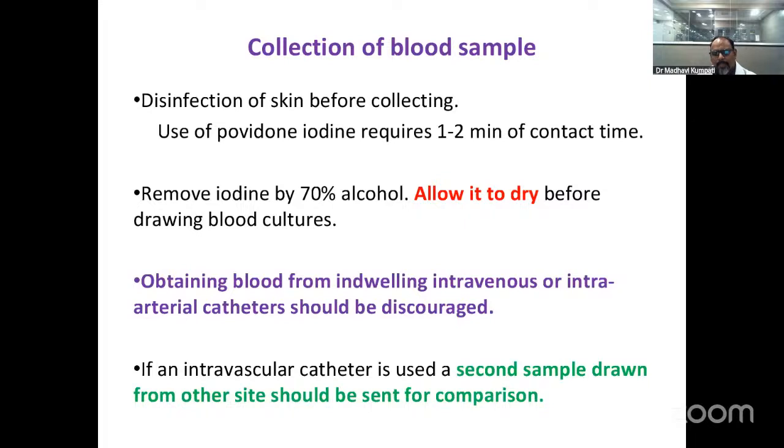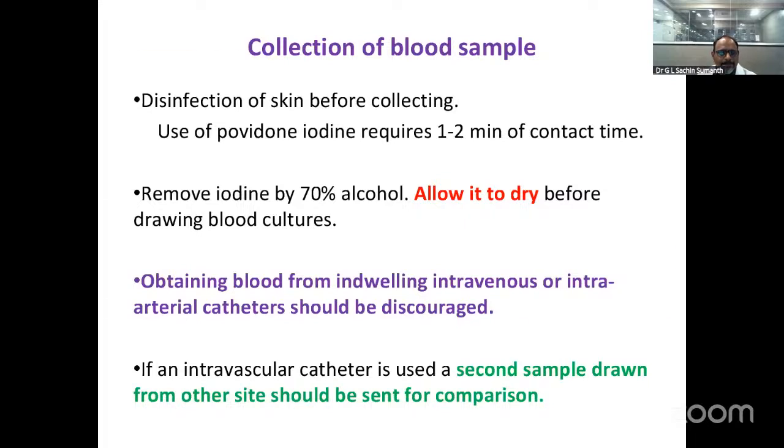Once you swipe the area with alcohol, we have to allow it to dry before drawing the blood culture. Obtaining blood from indwelling intravenous or intra-arterial catheters is strongly discouraged because of the contamination that can occur with these catheters. If an intravascular catheter is used for any reason, a second sample must be drawn from the other side, so that you can compare whether an actual pathogen has grown or any contaminants.